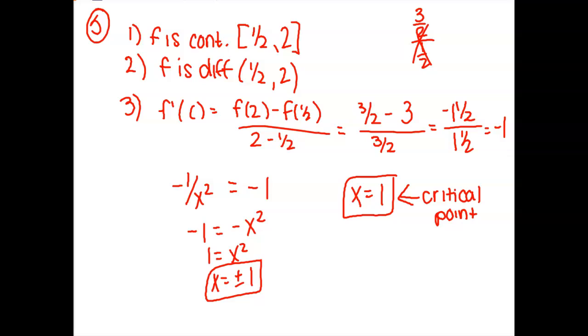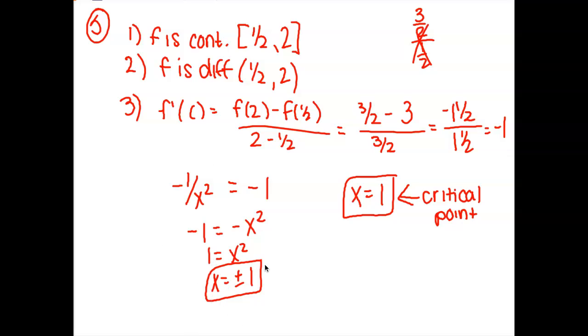Number 5, we have to apply the mean value theorem on the indicated interval. So we check for continuity, we check for differentiability, we find the point at which the slope of the secant equals f prime of c. So we need our derivative, and we need the slope of the secant, and -1 over x squared equals -1.